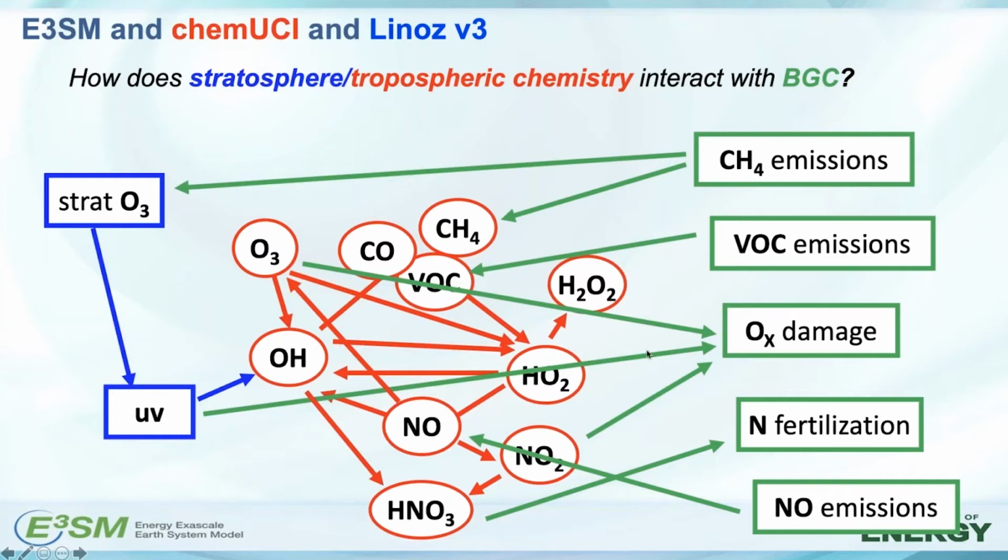So the major chemical pathways are already there. If we target some specific questions, we may need to enable or add to the existing ChemUCI mechanism. But the major parts are already in E3SM.